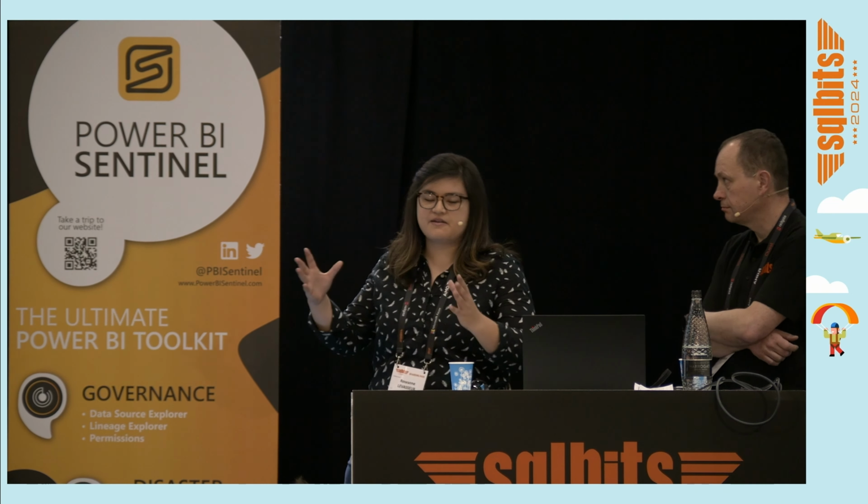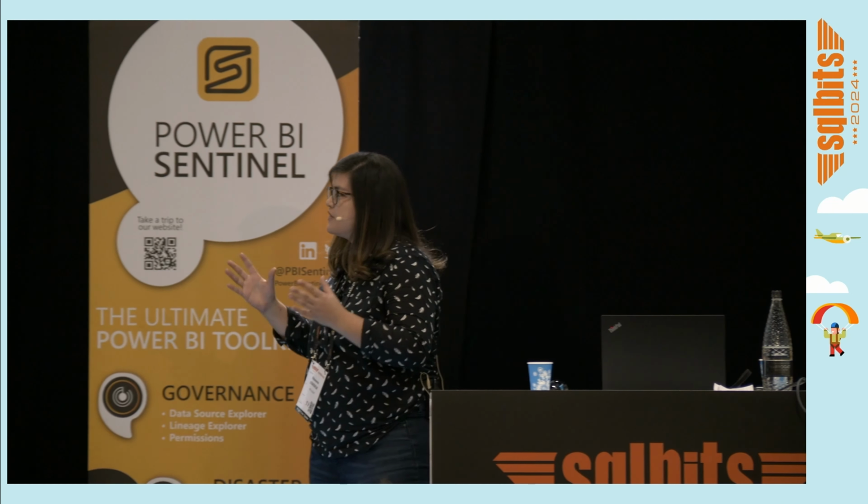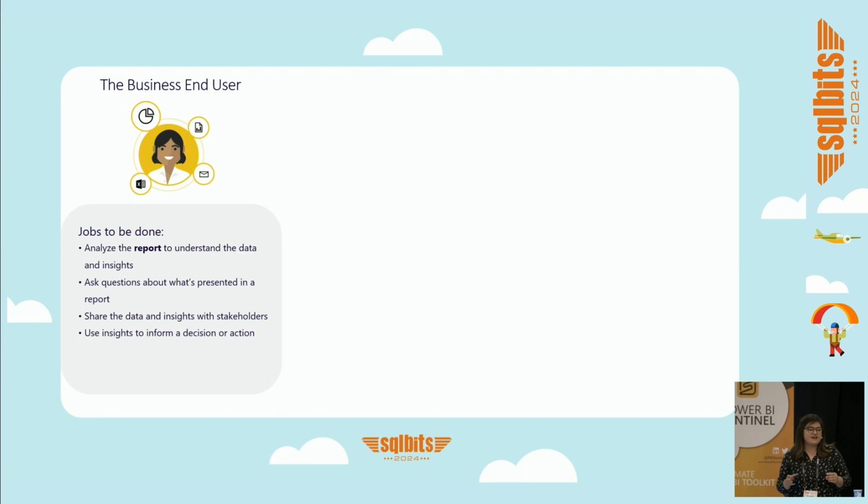All right, so who is this feature for? We have this myriad of personas, if you've heard them across the conference. The product team also loves to use this persona and jobs to be done model. So when we think about the business end user, what are the typical things they are doing?